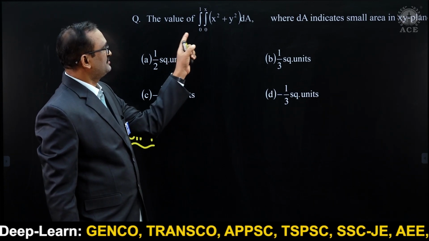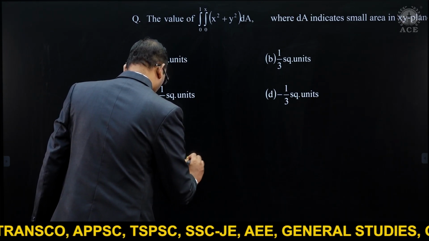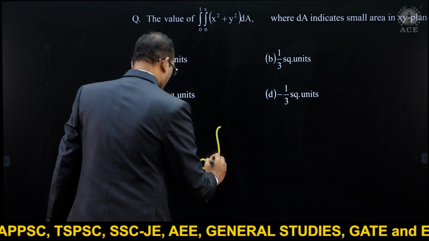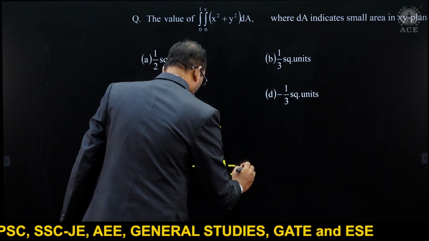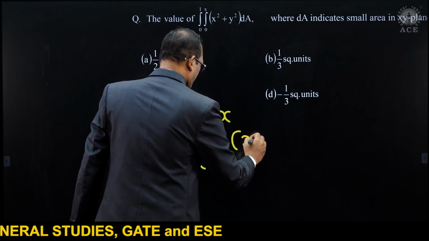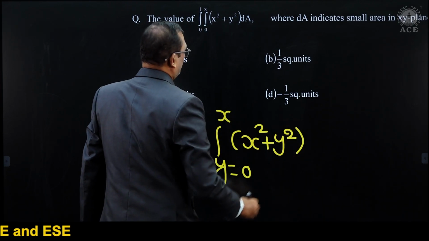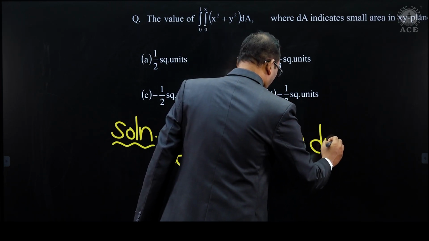Here x limits are 0 to 1, y limits are 0 to x. x square plus y square dx dy or dy dx.